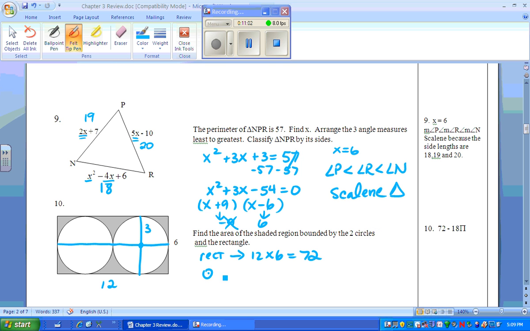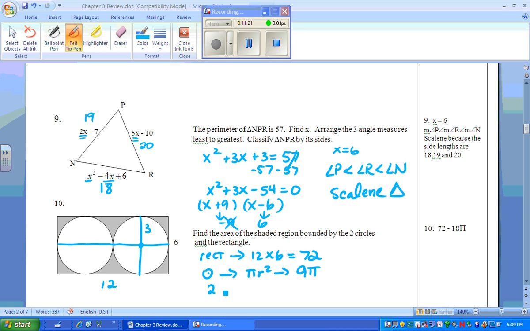The circle's area is the formula pi r squared. R being 3, 3 squared is 9 pi. Leave your answer in terms of pi. But there is not only one circle. There is how many? 2 circles. So one circle is 9 pi.